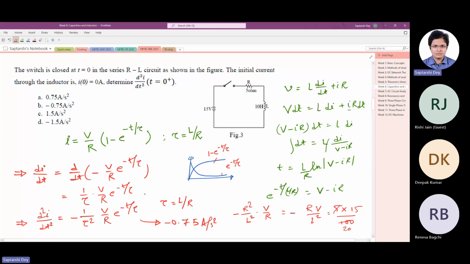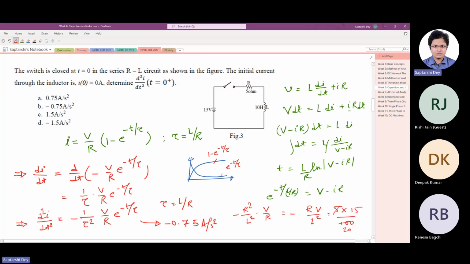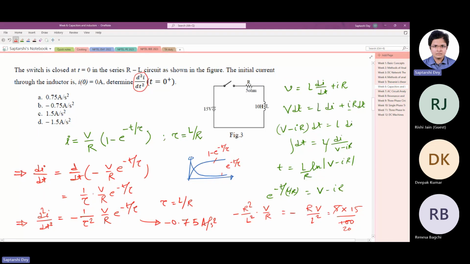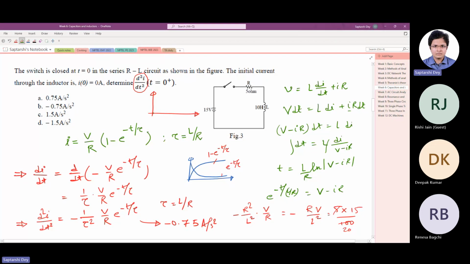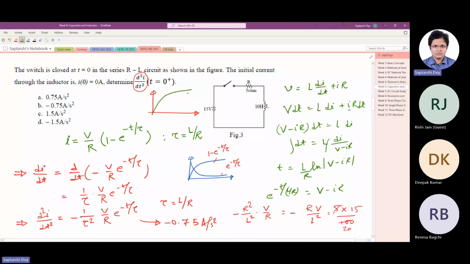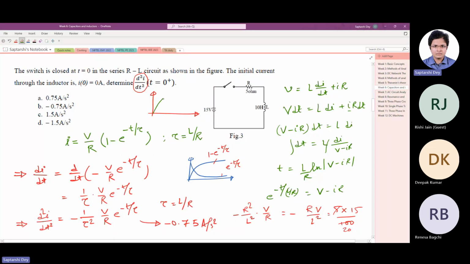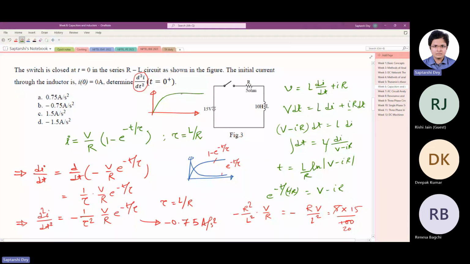So you see one thing here, it is d2i dt2. Okay, so rate of rate. So the takeaway of this question: if you look at the current, it becomes constant after some certain time, so it increases and then becomes constant. Mathematically it is always increasing, it never reaches the steady state value.